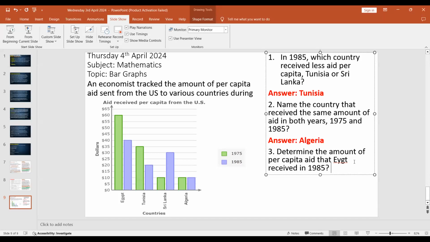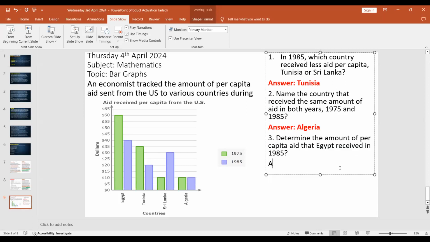What was the amount of per capita aid that Egypt received in 1985? Let me know, please. What was the amount of per capita aid that Egypt received in 1985?